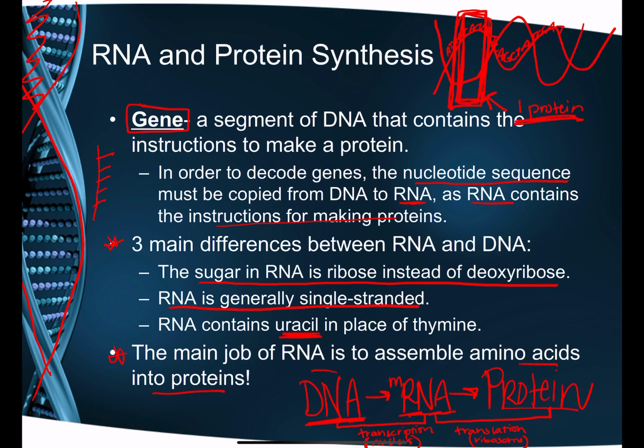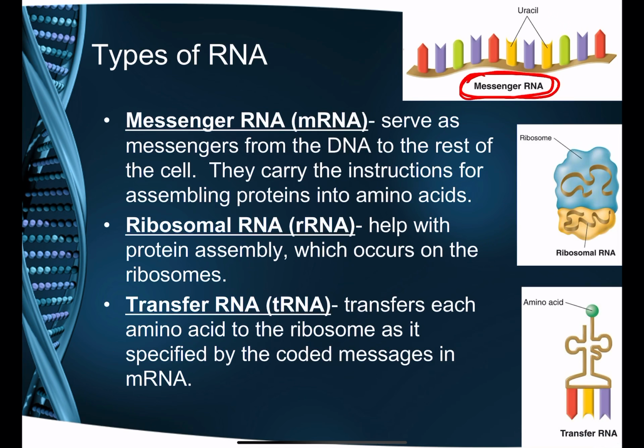It takes the message from the DNA and uses it to make the protein. Okay? So it's the messenger from the DNA to the rest of the cell, and it has the instructions for making proteins. This should say from amino acids, not into amino acids.